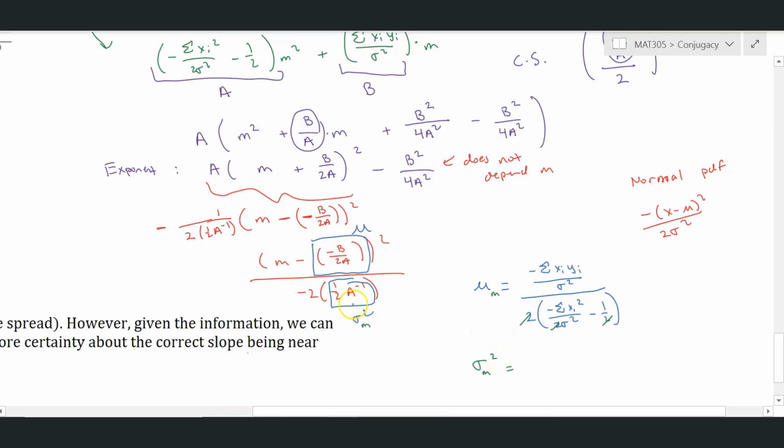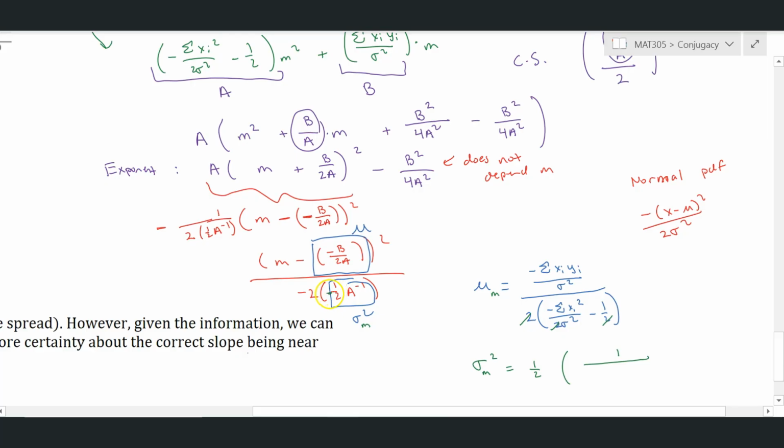Okay, so sigma m squared is just going to be 1/2 of A inverse, which will be 1 over this quantity here.